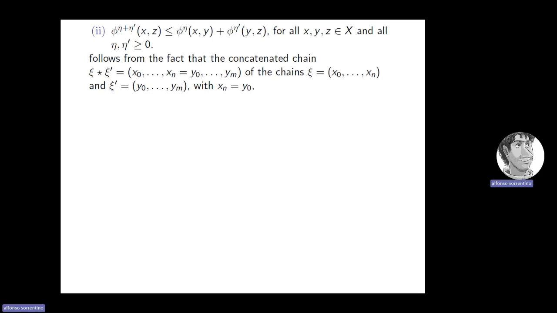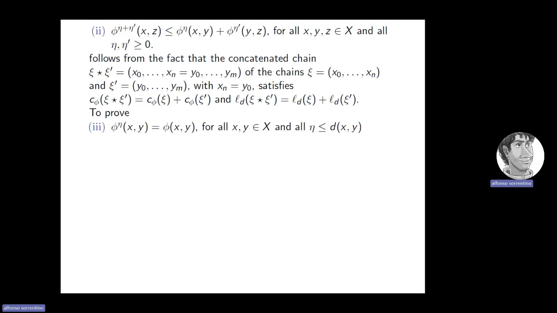Now if you compute the cost, you find the sum of the costs, and if you compute the length, you find the sum of the lengths. Therefore, if you take a chain that is almost equal to phi eta of xy, and a chain that is almost equal to phi eta prime of yz, then you take the concatenated chain and you get this.